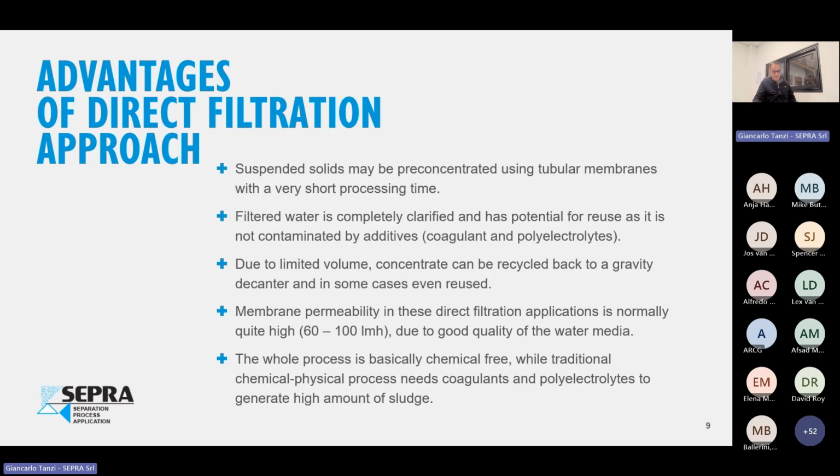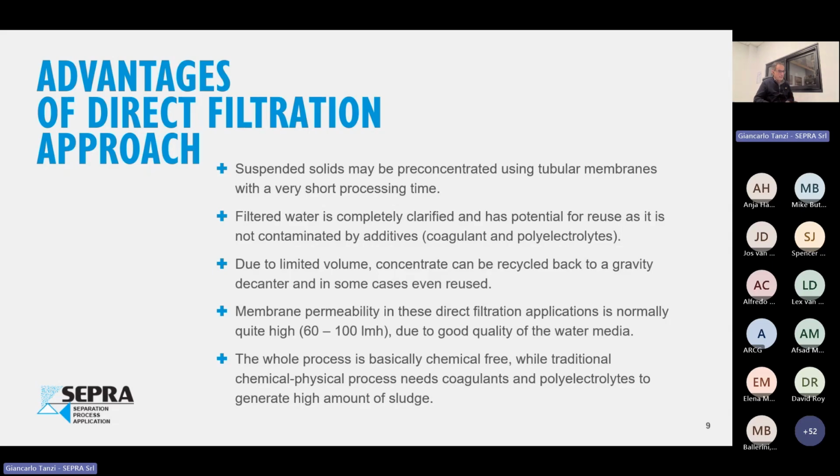And we have seen direct filtration applied on silica suspension in the industries that I mentioned, different types of industries, with success, where the filtered water is completely clarified, because even by selecting the molecular weight cutoff of the membrane itself, you can go into separation of really submicron range particles.